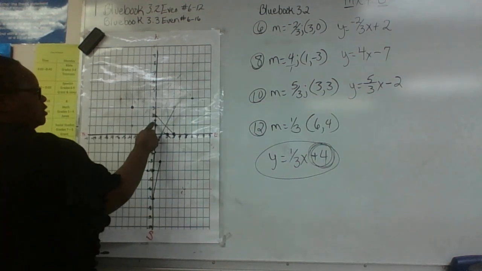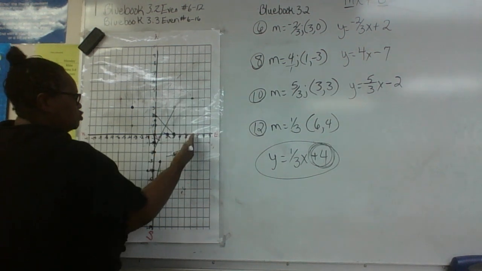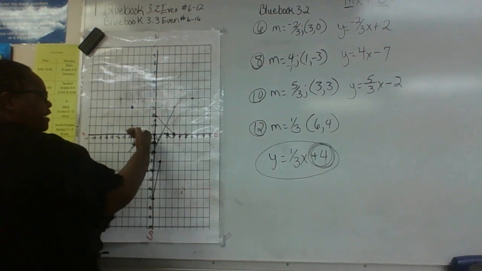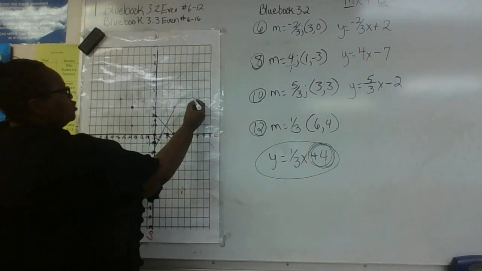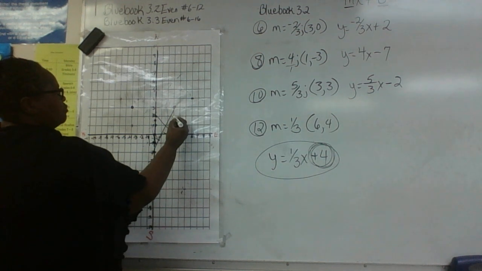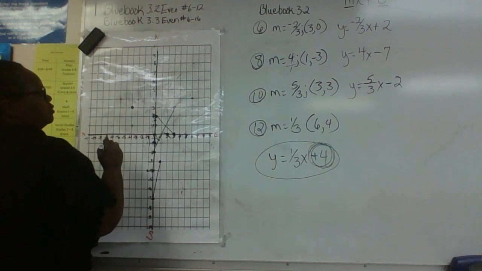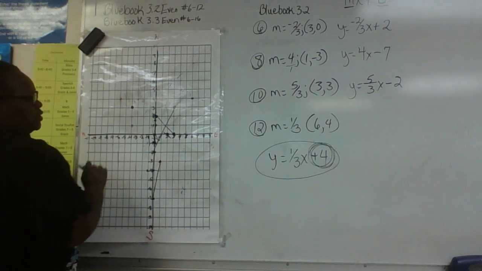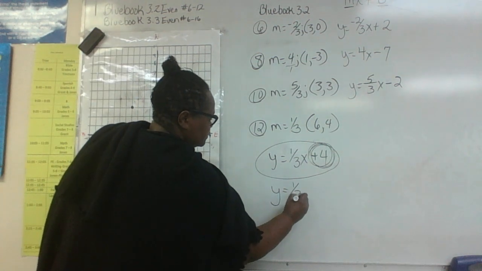So we want to get as close as we can to this line as quickly as we can. So we're going to drop, which is negative, and move left, which is negative, which will give us our positive 1/3. Let's go. Drop 1, run 1, 2, 3. Drop 1, run 1, 2, 3. And there we are. A positive 2 is where we come in contact with the y line. So the equation should look like this.